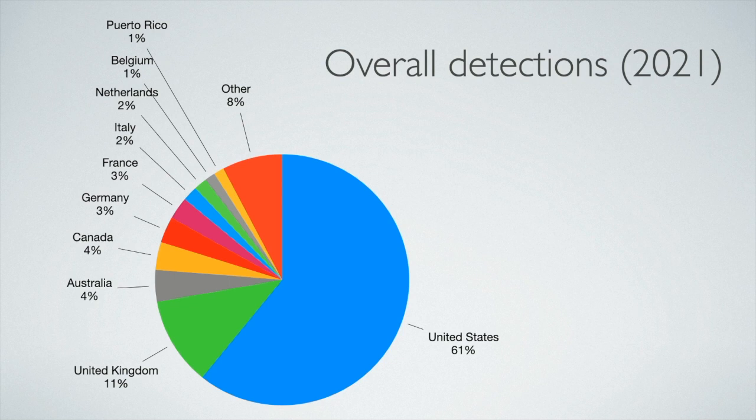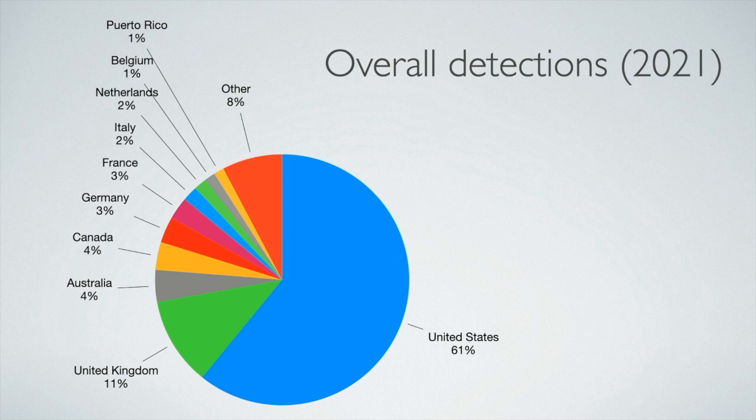So if we look a little bit more at the geographical distribution of everything that we've seen this year, you see it's very strongly weighted towards the US, with the UK and Australia and Canada and whatnot all following up. This is pretty much in line with our customer base. We have a very strong US customer base, and then we have a lot of folks in Europe.